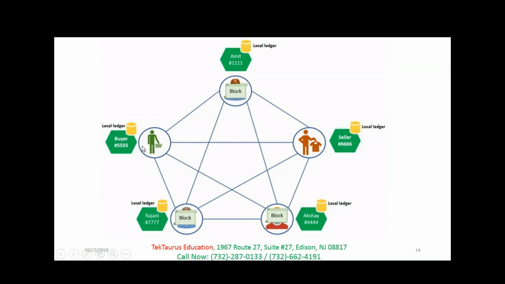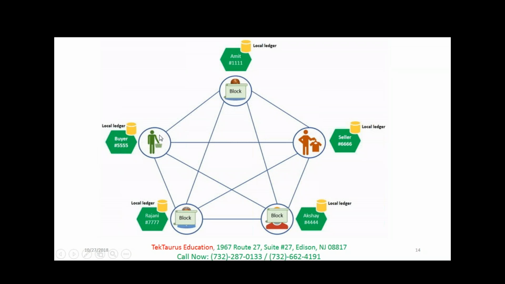So what happens? Suppose this buyer on the left side, whose ID is 5555, wants to send some money to this seller on the right side, 6666. He will make a transaction and announce that he has made this particular transaction, this is the money, and he is sending it to this particular person.